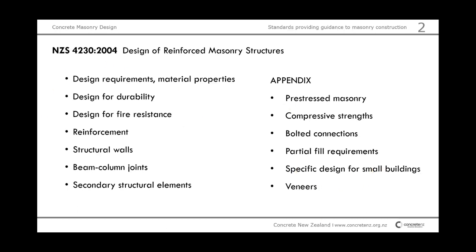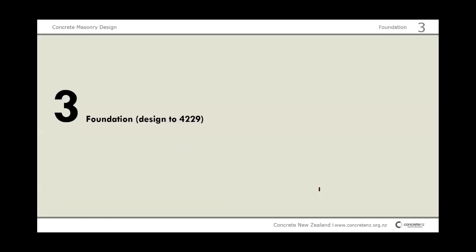That's 4230, but that's all I will say about 4230 in my part, and I leave it then to Enrique to go into more detail.